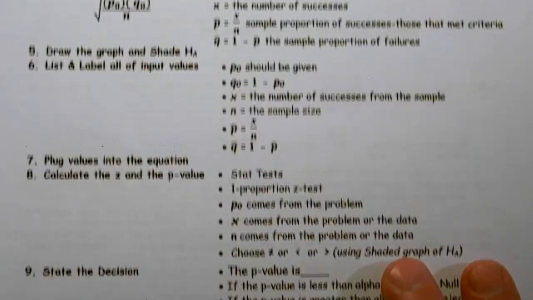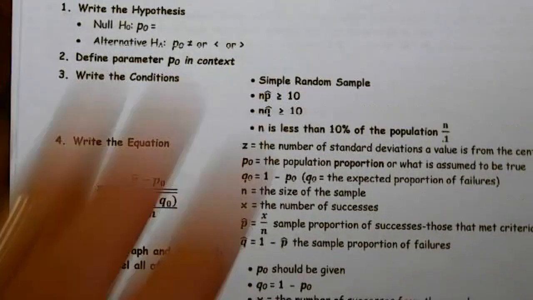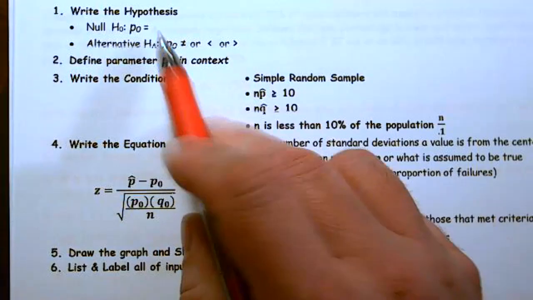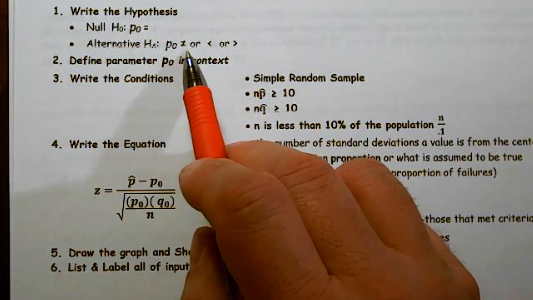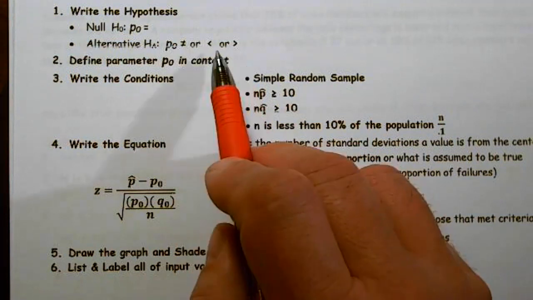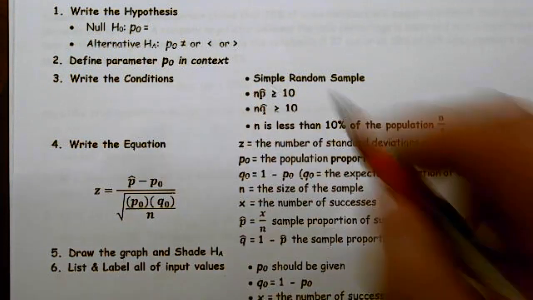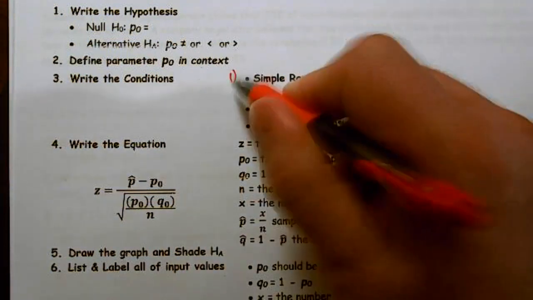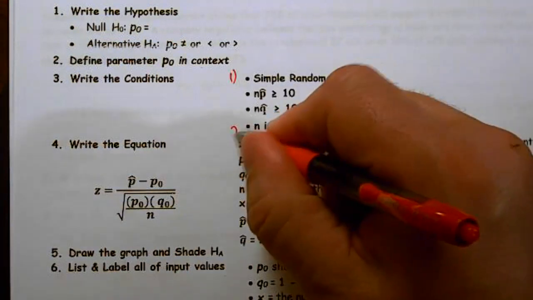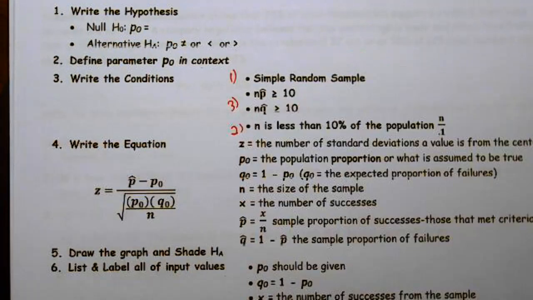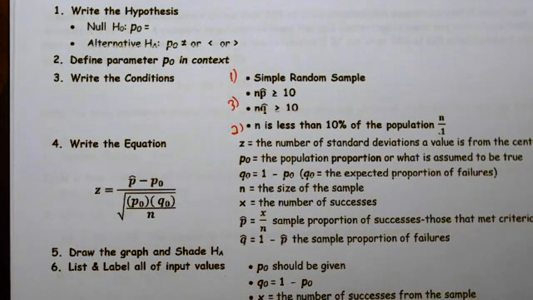All right, continuing on. When we look at our recipe for success, the claim equals some value, and we're going to have the alternative not equal to, less than, or greater than. The next thing is define the parameter in context. Personally, I would rather this be number 1, this be number 2, and this be number 3. Sorry that they're out of order, but it's not required. I like to keep my normality as the third condition, the very last condition.